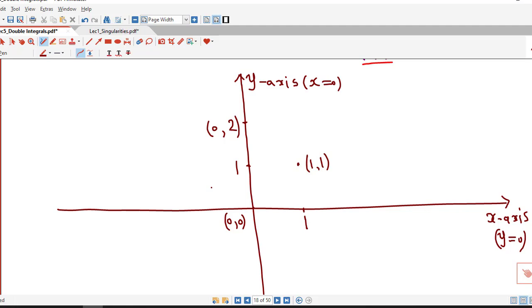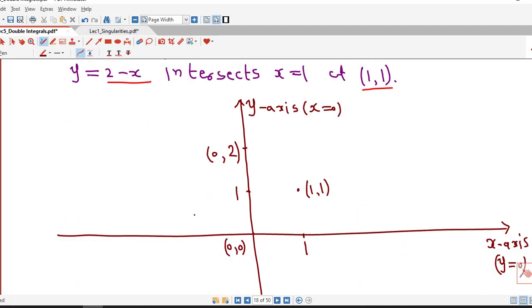So we have to consider x equal to minus 2, that is somewhere here, and 4.